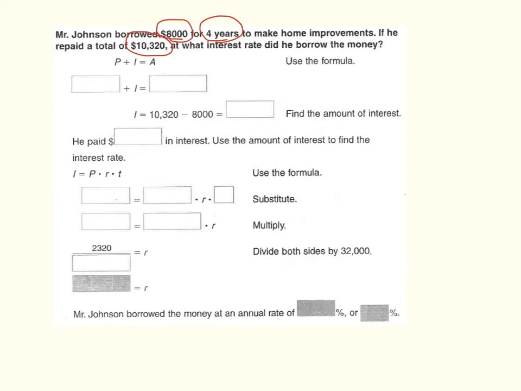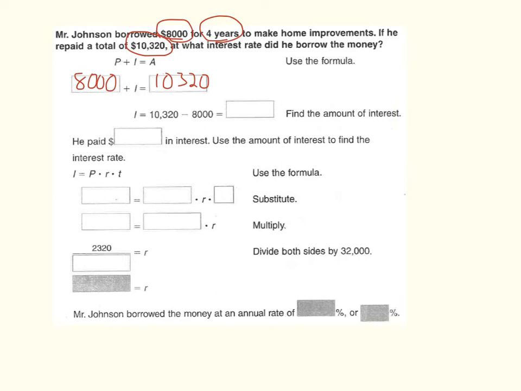Well, first of all, let's figure out how much interest he had to pay. We know that he borrowed $8,000 and he had to pay back a total of $10,320. That $10,320 is not all interest.